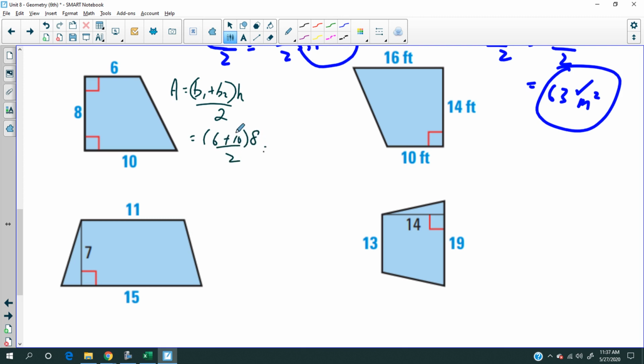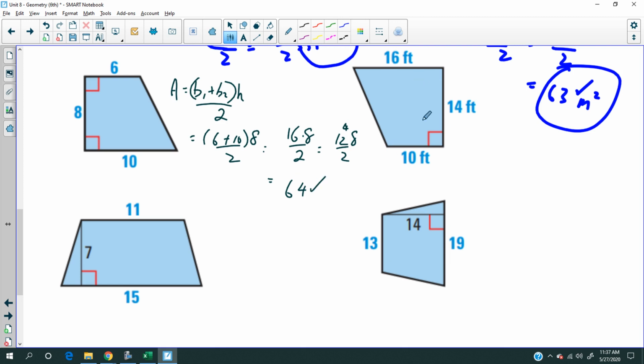Nothing crazy. 16 times 8. 8 times 6 is 48. 128 divided by 2. Yep, 64. Is that right? 64, yeah.